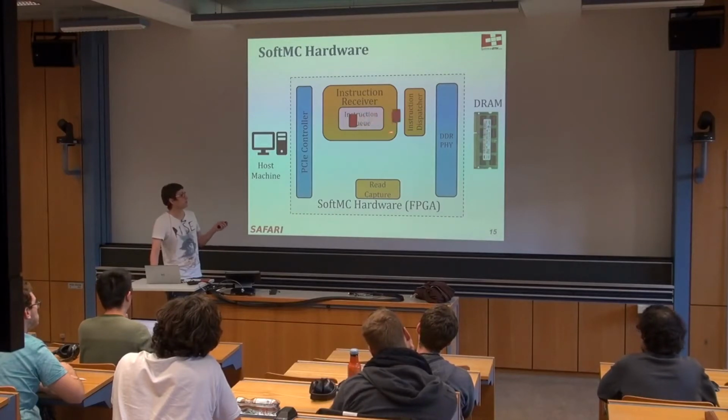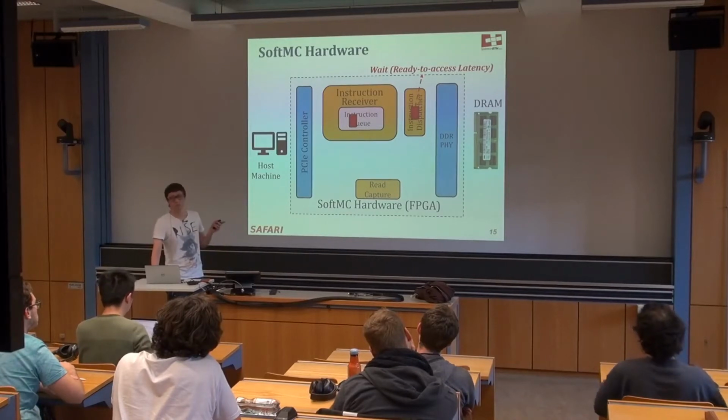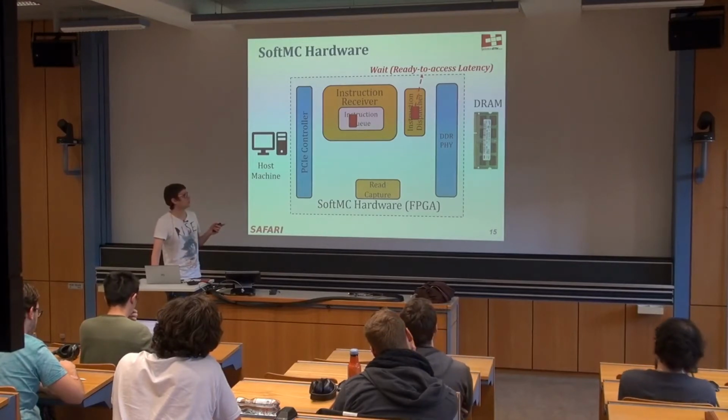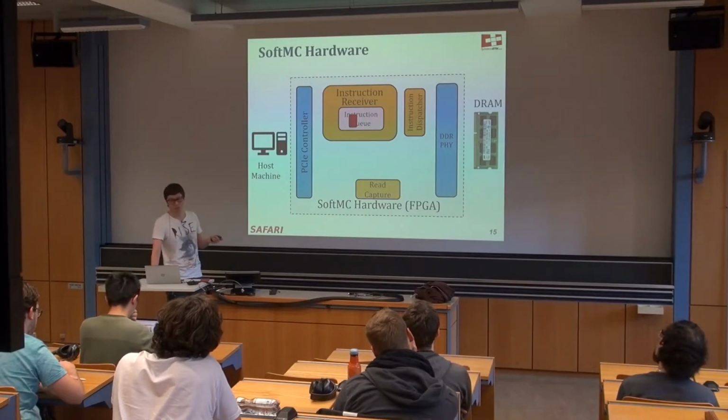The next instruction is wait, which implements tRCD, the latency between activate and read. This is not producing any DDR commands because it's just a wait; it's not doing anything to the DRAM. The last instruction is read, which generates a read command, and this goes all the way to the DRAM, and the DRAM returns data back, which is captured here and sent back to the host machine.